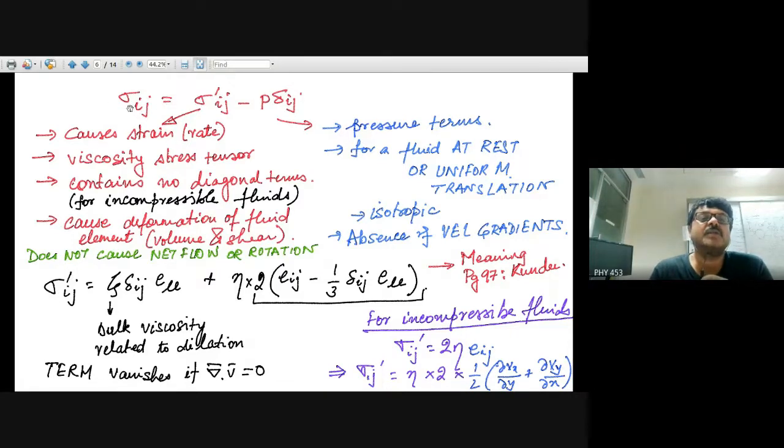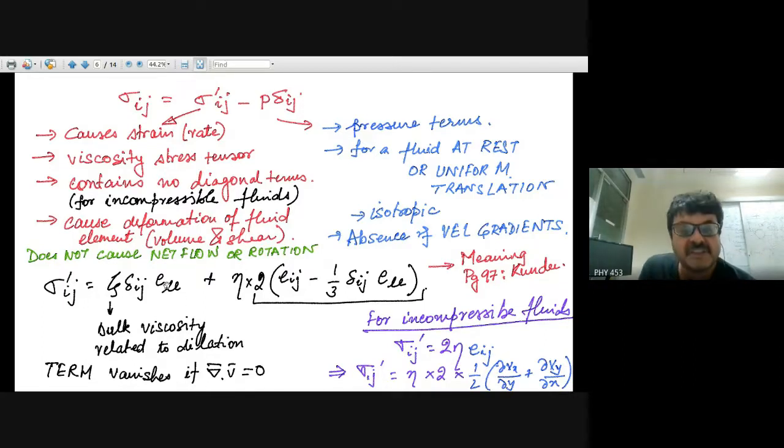This is the total sigma ij, without the dash, which also incorporates the pressure terms, and this dash is the part which is the viscosity stress tensor, which acts only when the fluid is in motion. That can be written in terms of the bulk viscosity, which is related to dilatation.